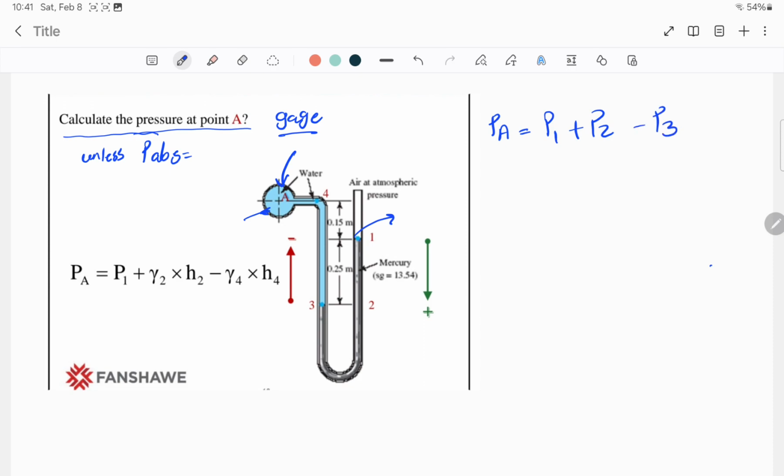Minus P3. Now the trick is here. Pressure is force acting on a certain area.